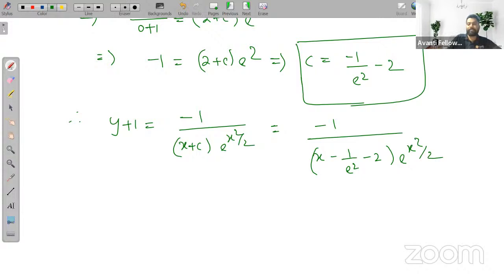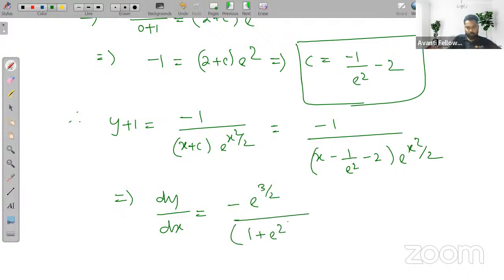So if we differentiate this function on both sides, we'll get dy by dx is equal to minus e raised to 3 by 2 upon 1 plus e square whole square. This is the answer actually at x is equal to 1.